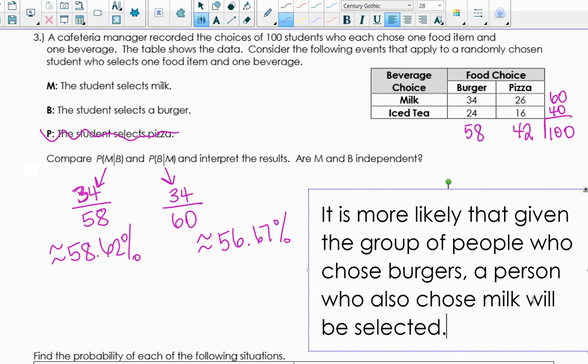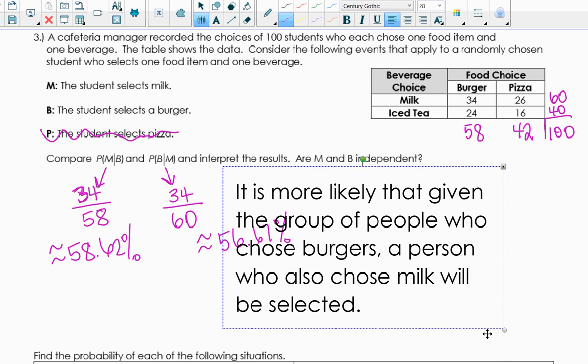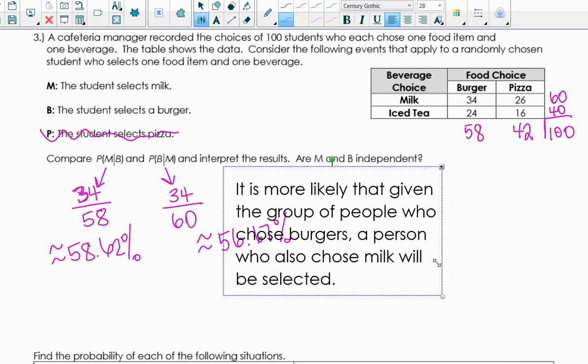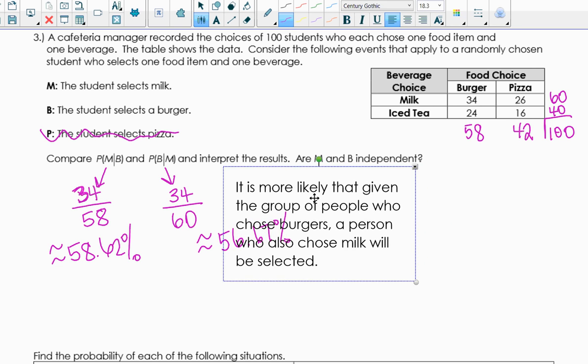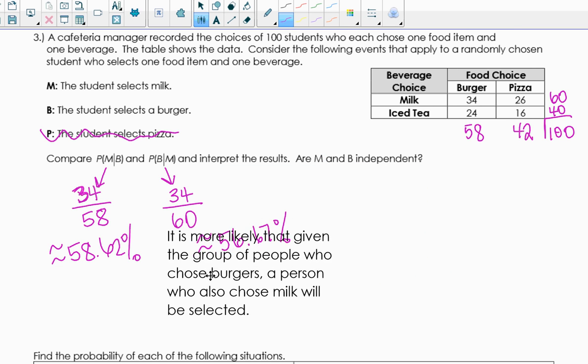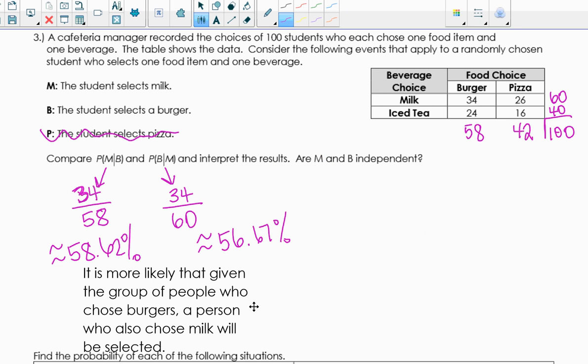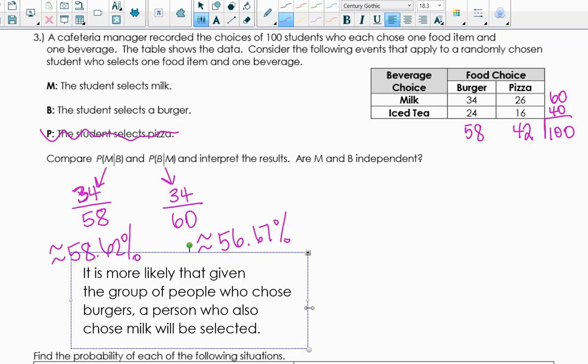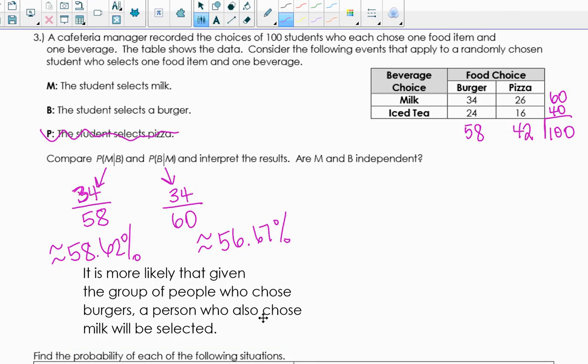Okay. All right. Let's try and fit this in nicely. There we go. Okay, now we still have to do the independents.